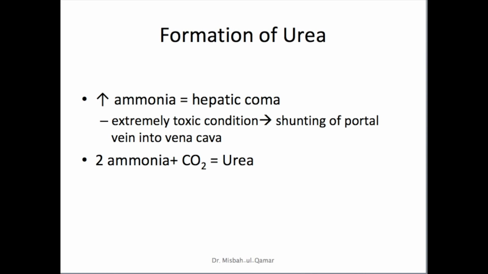Keep in mind that two molecules of ammonia, when they combine with carbon dioxide, form urea. And this urea thus formed readily diffuses out of liver and can be excreted by kidneys.